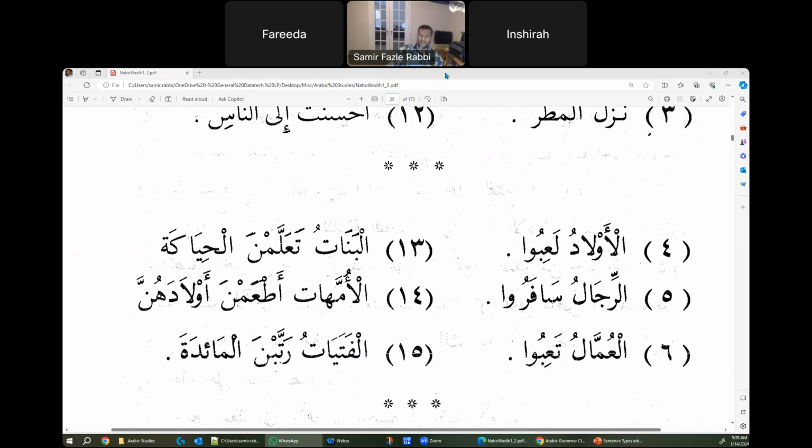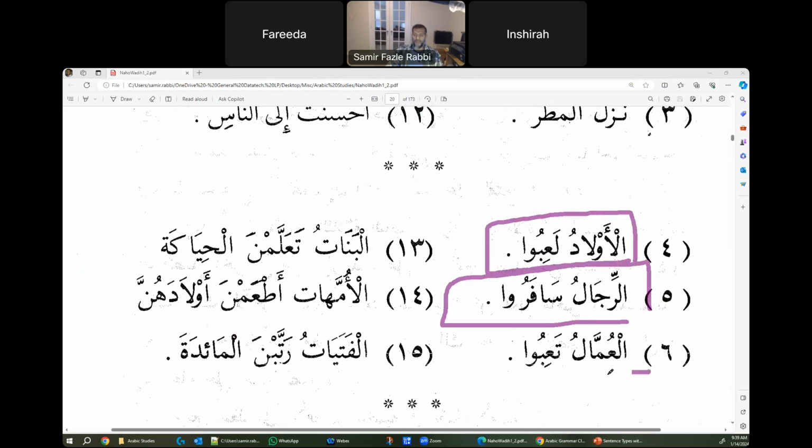All right, let's look at these ones. Al-awladu la'ibu, the boys or the kids, they played. Ar-rijalu safaru, the men traveled. Al-ummalu ta'ibu, the workers, they got tired.